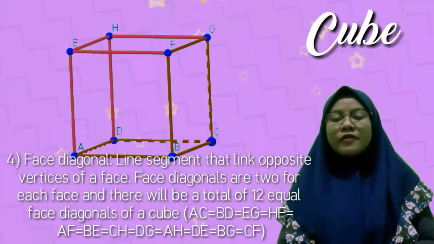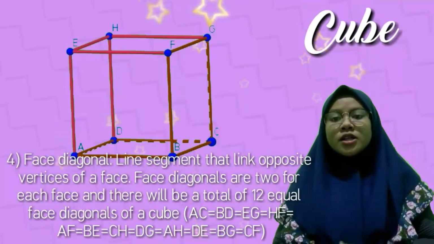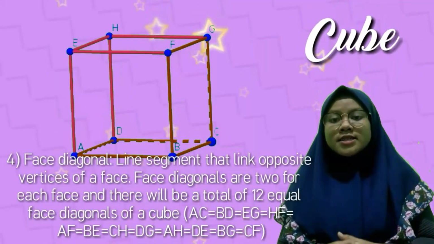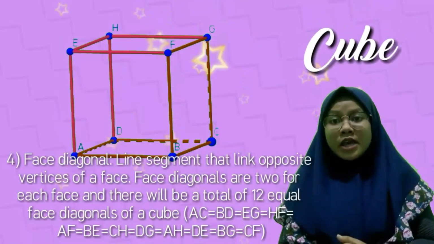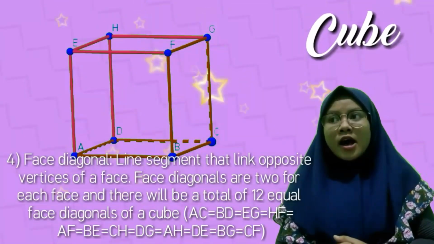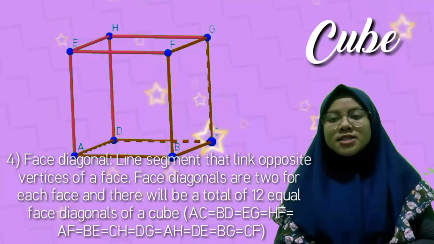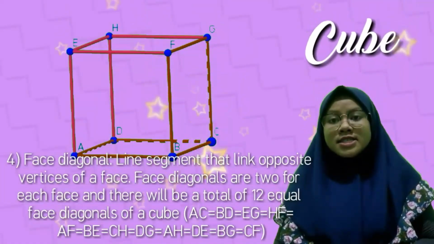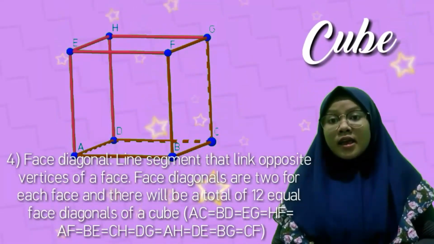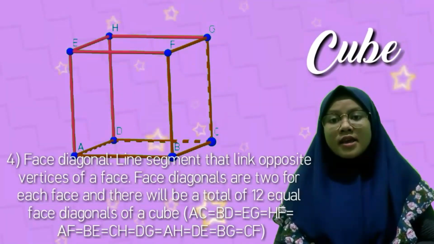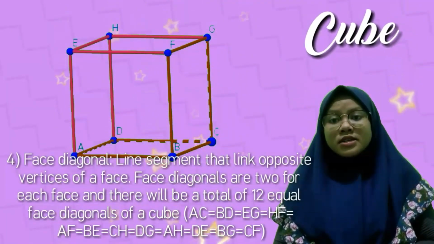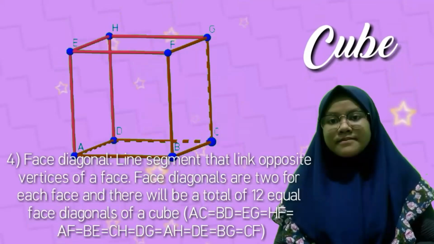The face diagonals are AC, BD, EG, FH, AF, BE, CH, DG, AH, DE, BG, and CF.